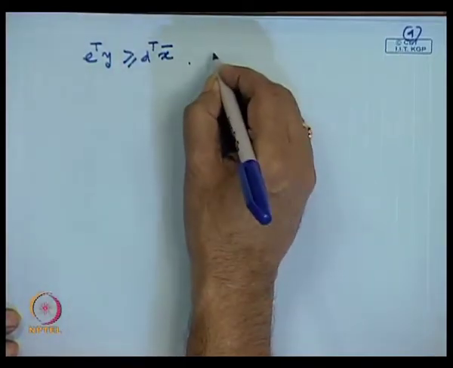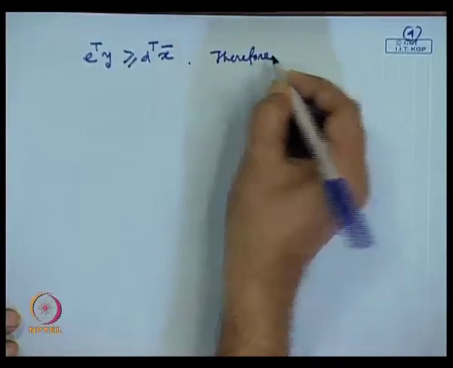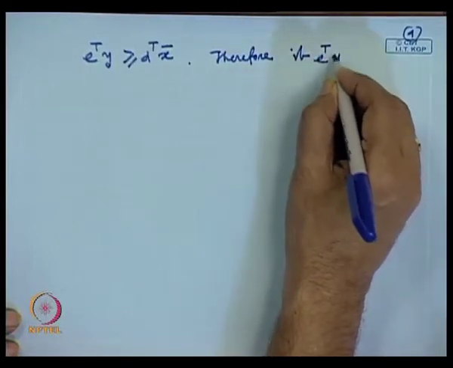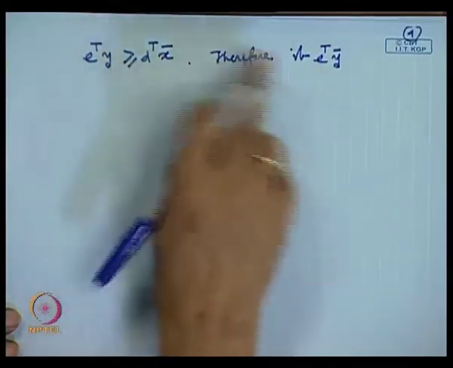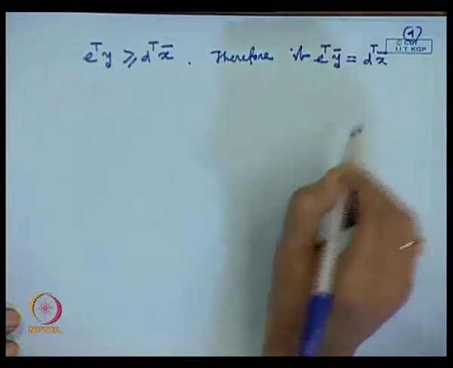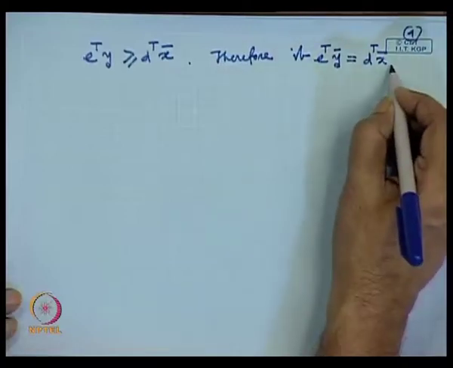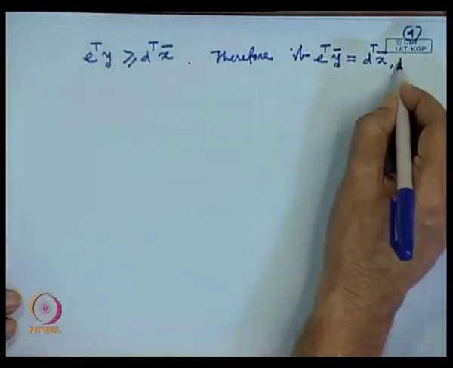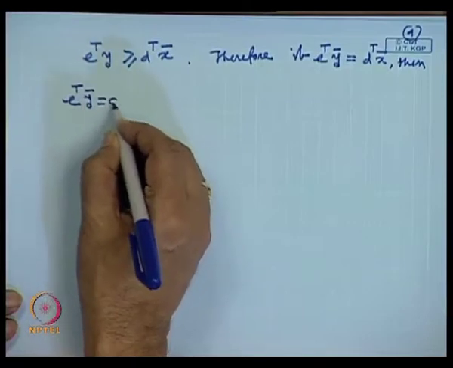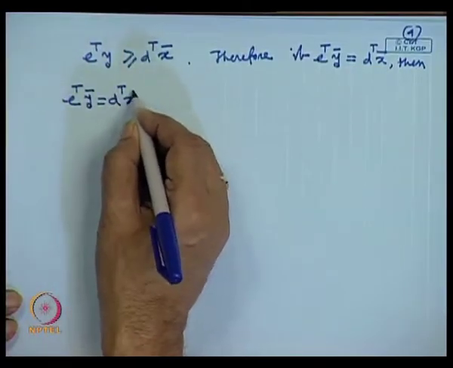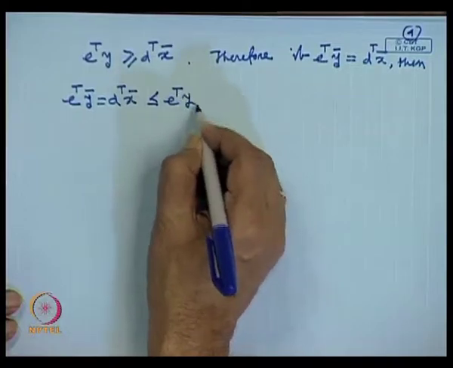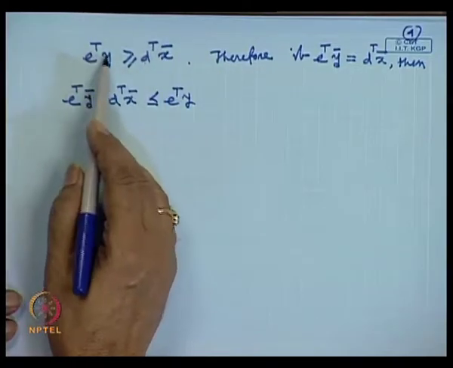Therefore, if E transpose y bar, for some feasible solution y bar, is equal to D transpose x bar, then this implies that E transpose y bar is equal to D transpose x bar, which is less than or equal to E transpose y. You see, D transpose x bar is less than E transpose y.